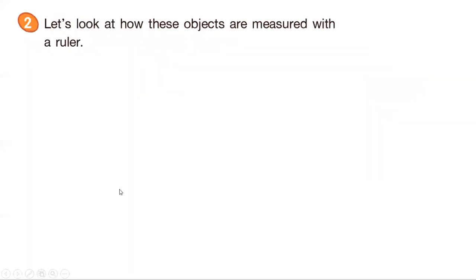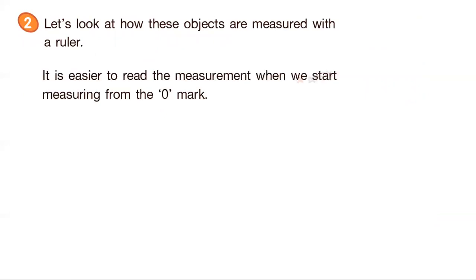Now, let's look at how these objects are measured with a ruler. It is easier to read the measurement when we start measuring from 0. So when you start measuring using a ruler, you start from 0.